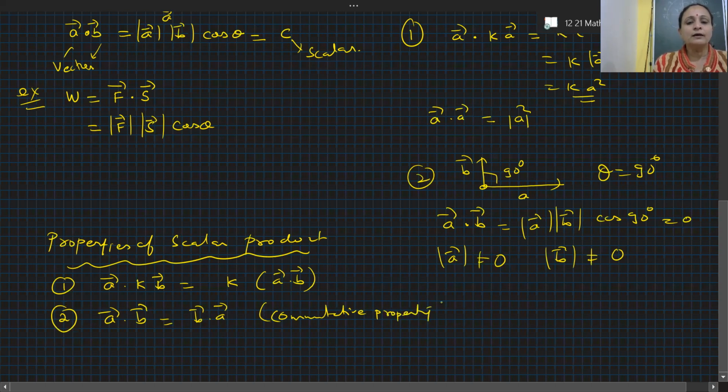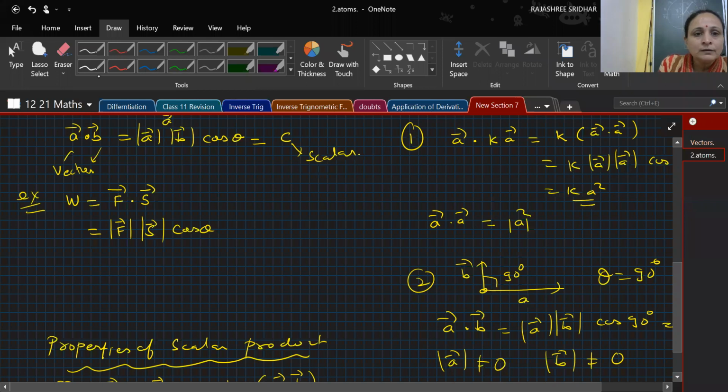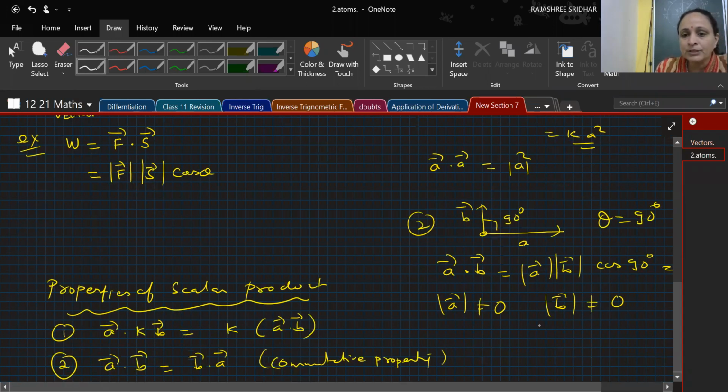It follows the law of commutative property of the multiplication. That means A dot B is always equal to B dot A. But there is a catch out here. This is the one which is asked in some competitive examinations. Let me go back and just ask you this question.